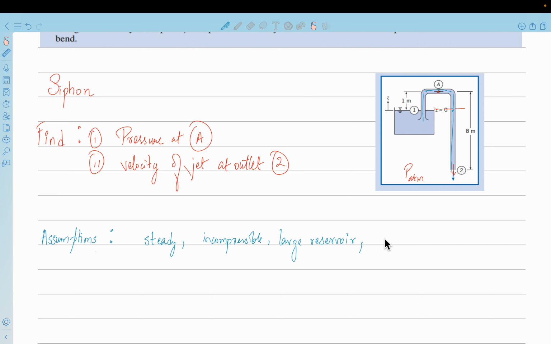Okay, so you have to assume, this is a very important assumption, that flow through the siphon is streamlined. So we can assume that yes, there is a streamline connecting this location to this location.